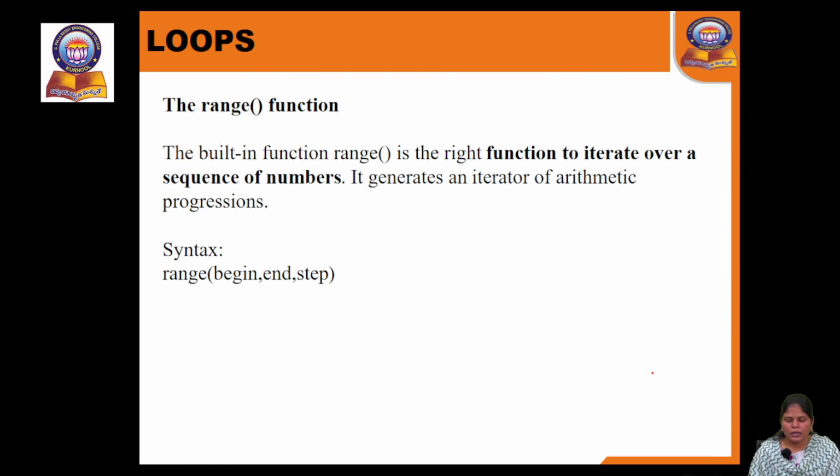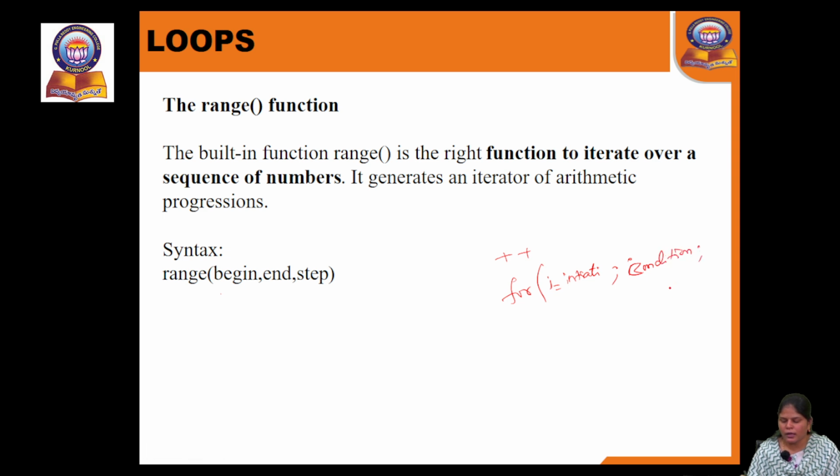Right? So the range function will be having begin, end and step. Why we are using the range? As we don't have increment decrement operator. So normally we used to have a syntax like for I equal to some initialization, right? So I equal to initialization and semicolon, I'll be using some condition here.